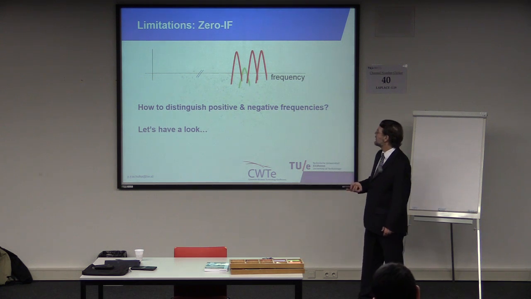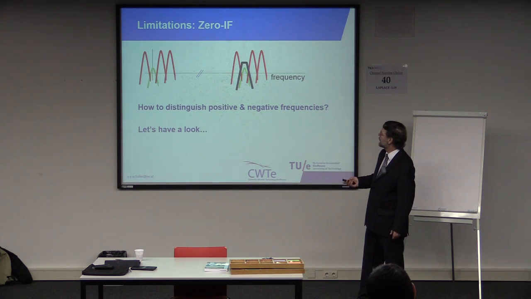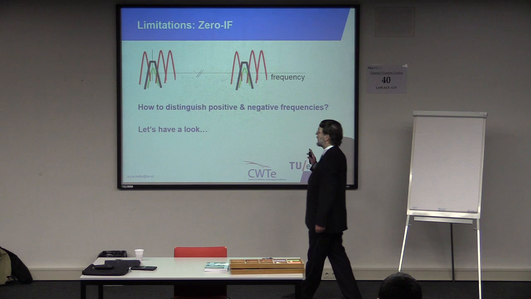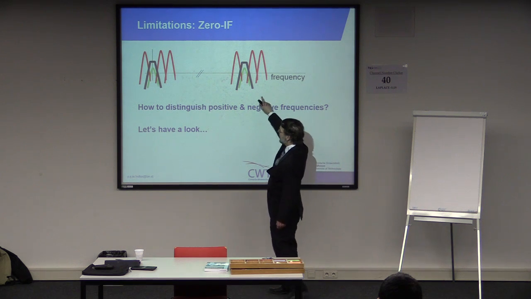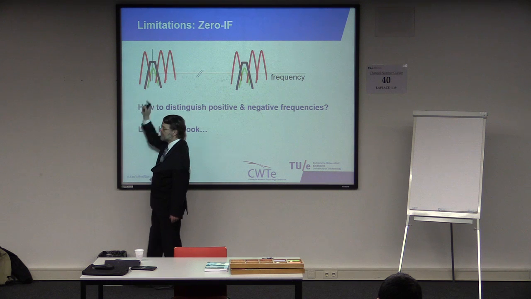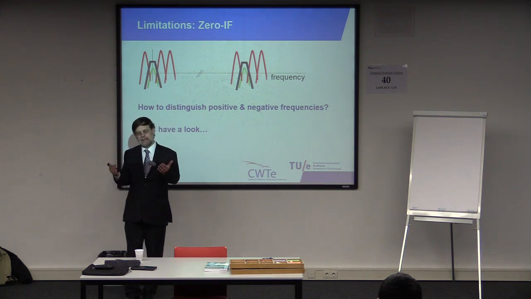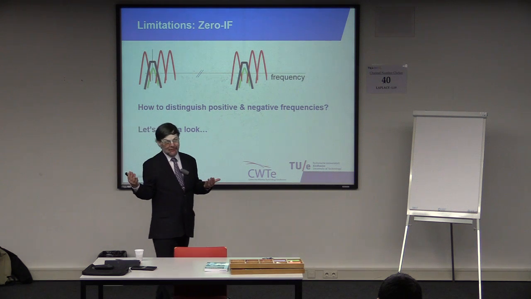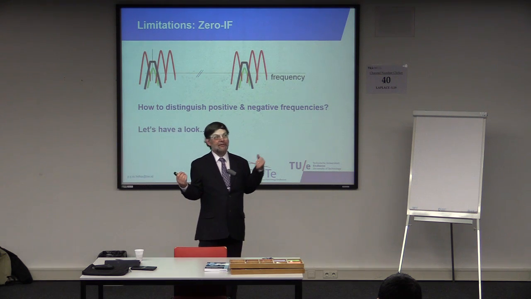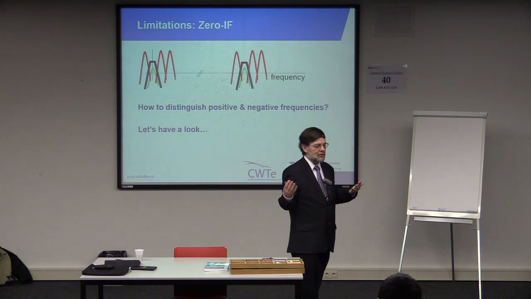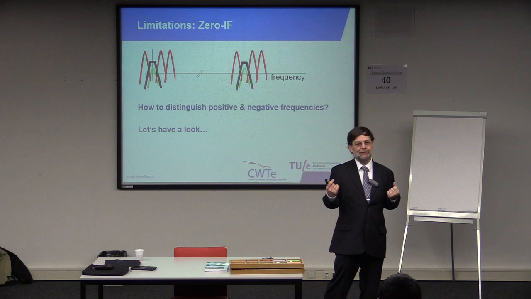If I do 0 IF, basically what I do is I do my filtering now as low pass. And we can do that. All of that is true. We don't need a filter here anymore. But now I have the problem that my green signal is partly in the negative frequency domain and partly in the positive frequency domain. So half of my signal power is at negative frequencies and half of my signal power is at positive frequencies. And sometimes I don't care.